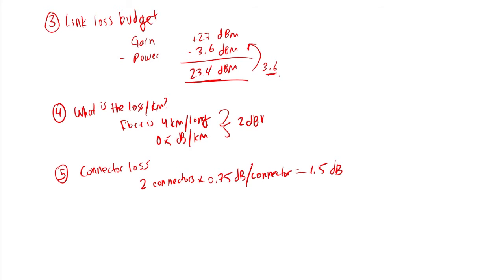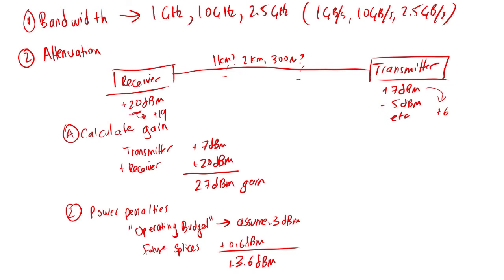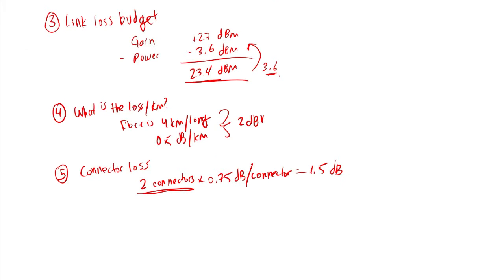Now, if your fiber link goes to a patch panel or a cross connect somewhere, you may have more than 2 connectors. So in my example, I just drew a straight fiber. But you may have fiber, so you have a receiver, and you have a connector, obviously. And then depending on, if this was a mechanical connection, you may not have a splice.